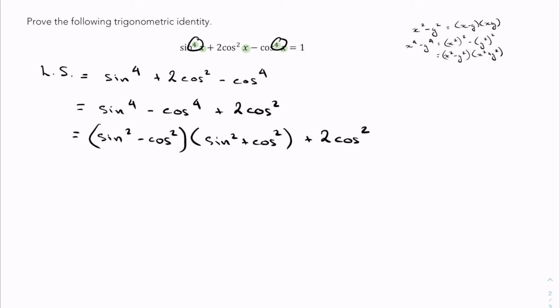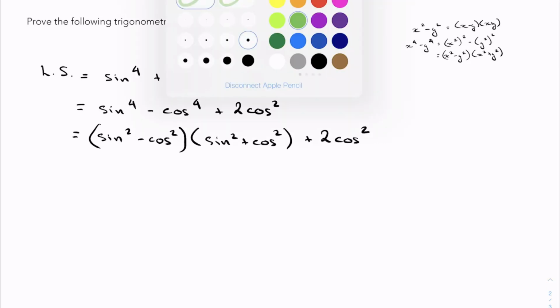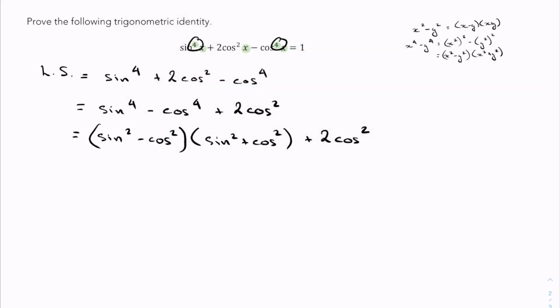But this is promising, because if you haven't noticed already, in here, sine squared plus cos squared, you might recognize that that is the Pythagorean identity, and I can just replace that with 1. Or 1 times sine squared minus cos squared, which is just going to be sine squared minus cos squared, plus 2 cos squared.